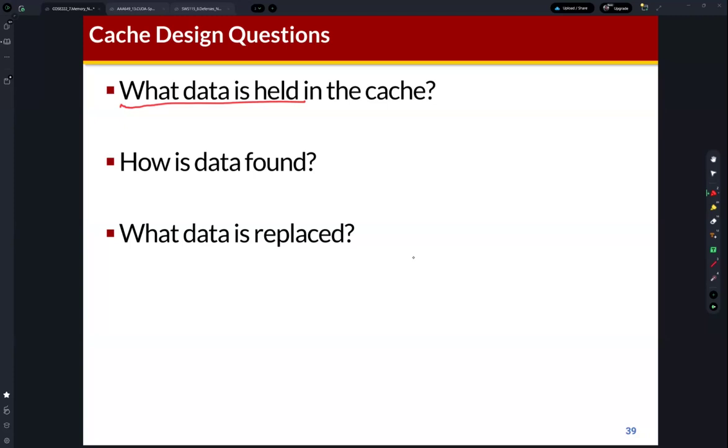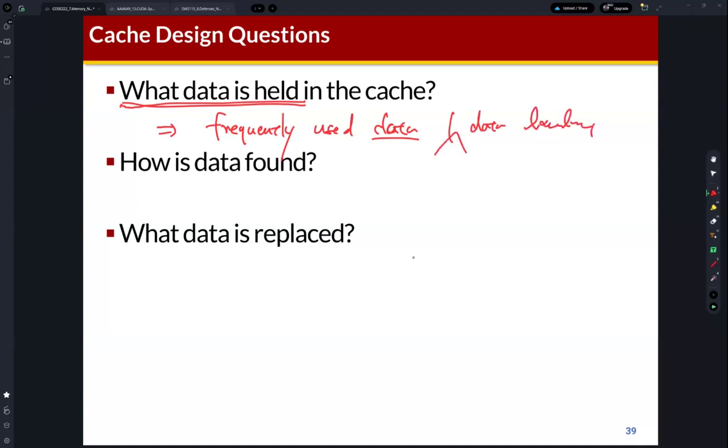Also, if a certain data is used, neighbor data can be used in the near future. So this is data locality. So what data is held in the cache? The answer is frequently used data, and we can estimate the frequently used data using data locality.